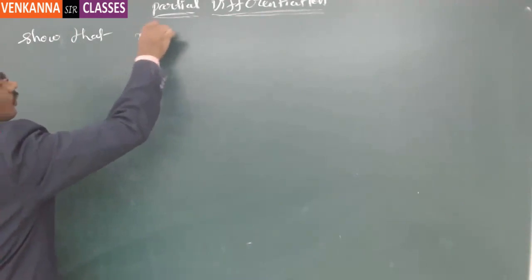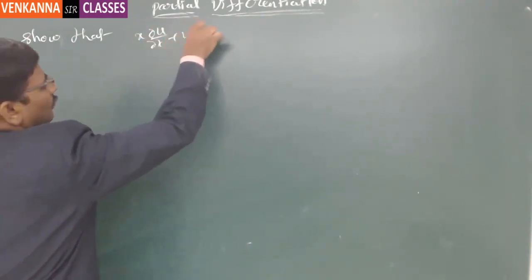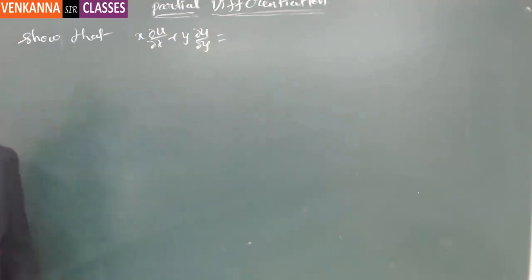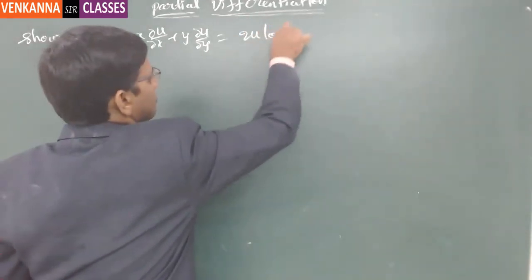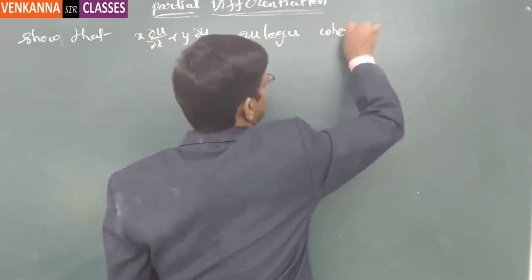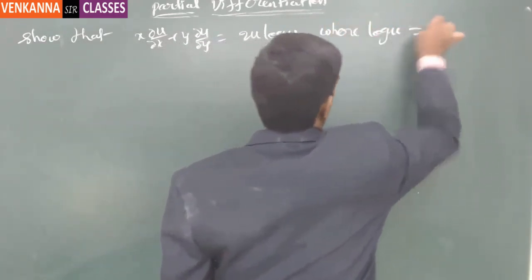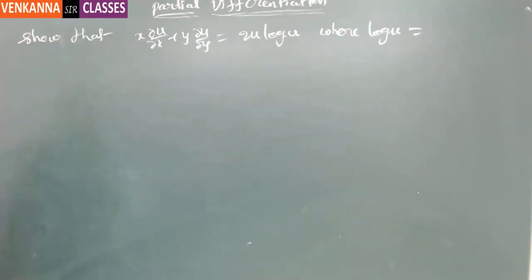Note down one problem. Show that x ∂u/∂x plus y ∂u/∂y is equal to 2u log u, where log u is equal to (x³ plus y³) divided by (3x plus 4y).